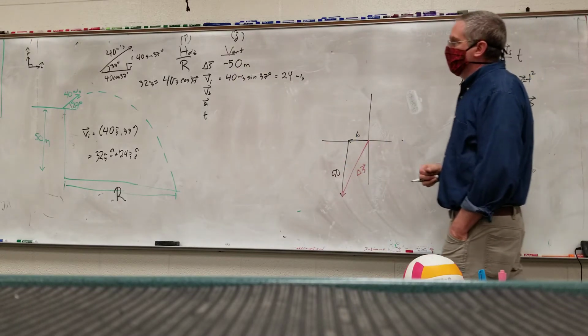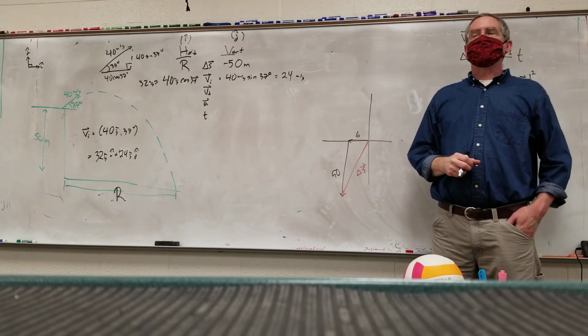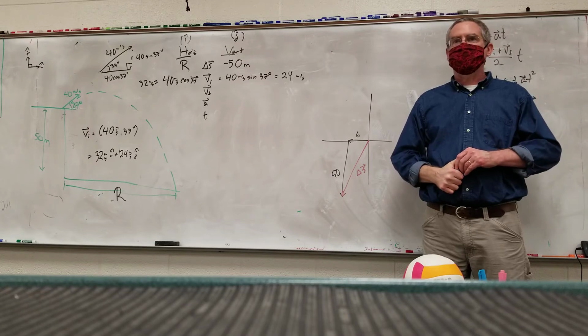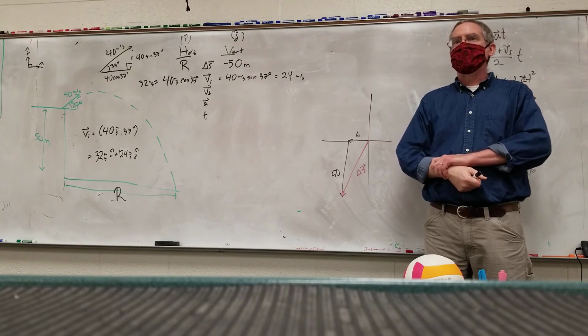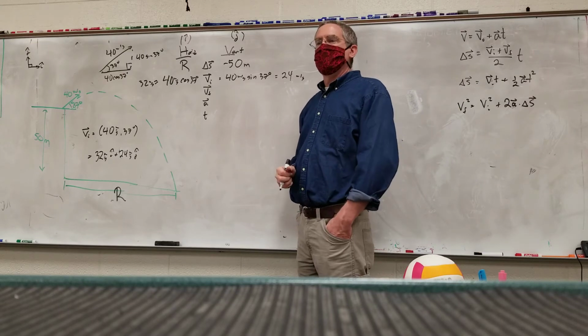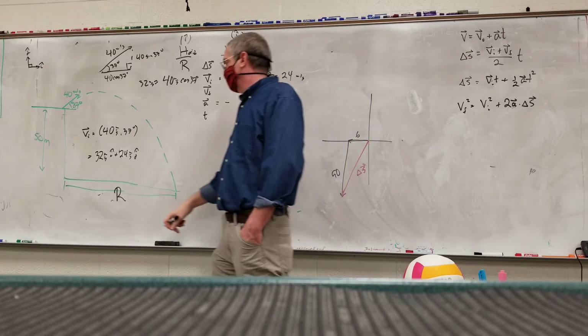All right, we have one other piece of information which is understood from this problem. Vertical acceleration, which is the gravity. I guess I need to tell you what planet this is.